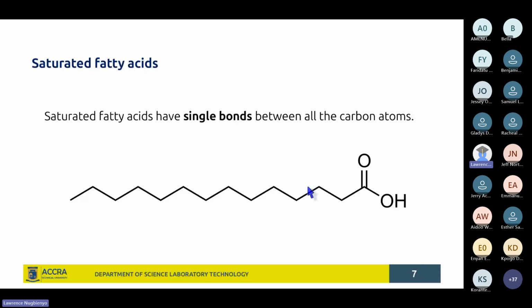From first year, you would have studied how to represent fatty acids just by using these skeletal structures, where the corners of these structures represent carbon atoms with hydrogens on them, and you can show the carboxylic acid group, which is at the end of the structure. So those are saturated fatty acids containing only single carbon-carbon bonds.